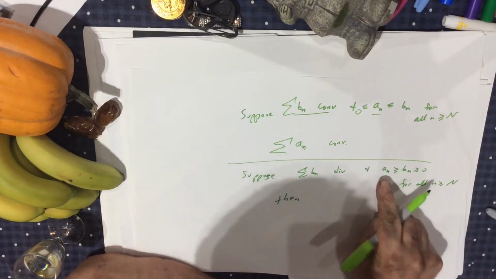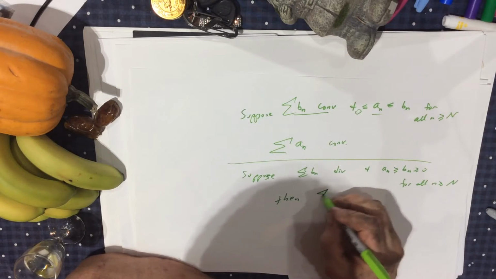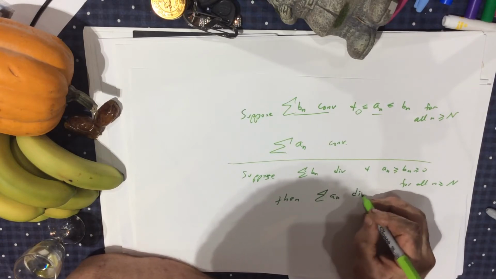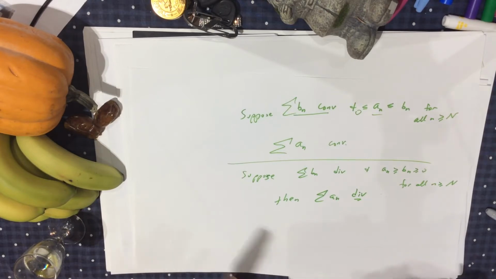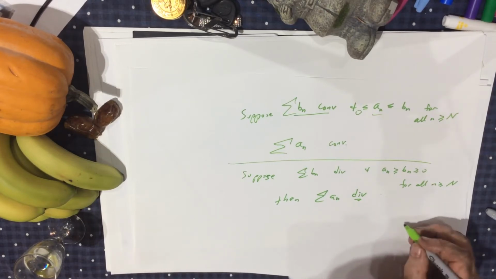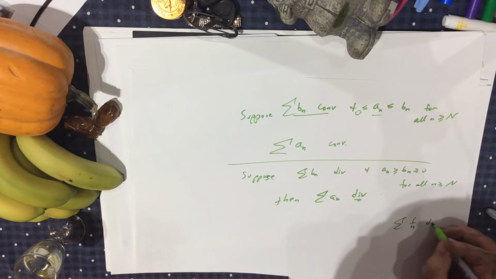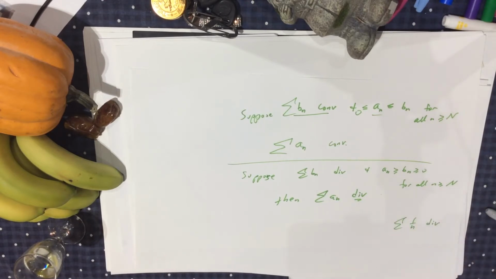Then, well, you're bigger than a divergent series, so the sum of a sub n diverges. Now, this is extremely useful to have a new divergence test. We know if the terms don't go to 0, it diverges, but we actually also know that the sum of 1 over n diverges, so now we might be able to find some other things that diverge.